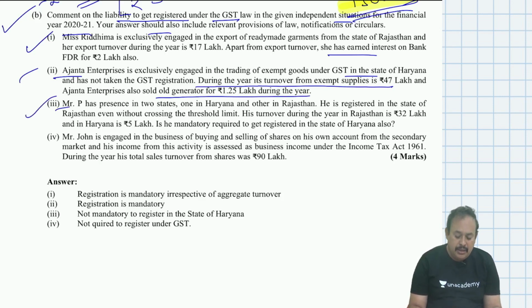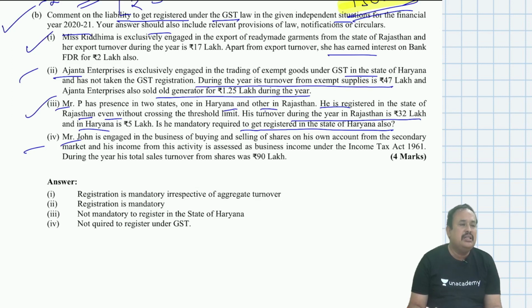Point number 3. Mr. P has presence in 2 states, one in Haryana and other in Rajasthan. He is registered in the state of Rajasthan even without crossing the threshold limit. His turnover during the year in Rajasthan is 32 lakh and in Haryana is 5 lakh. Is he mandatorily required to get registered in the state of Haryana also? Point number 4.